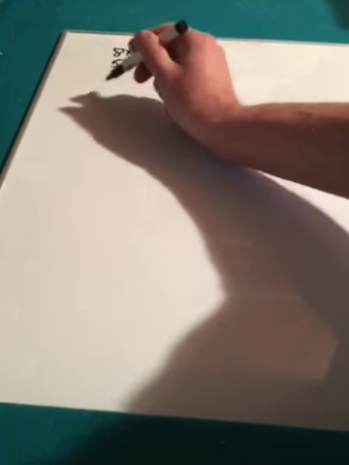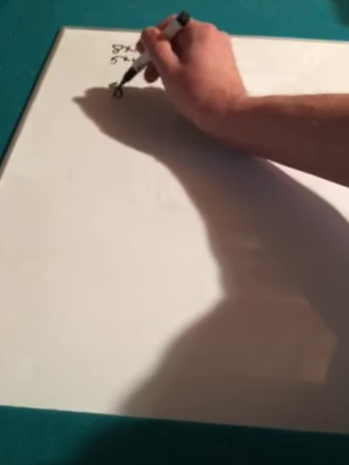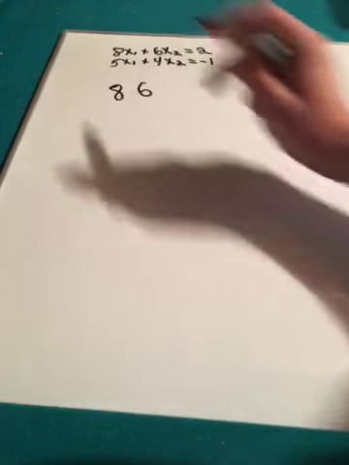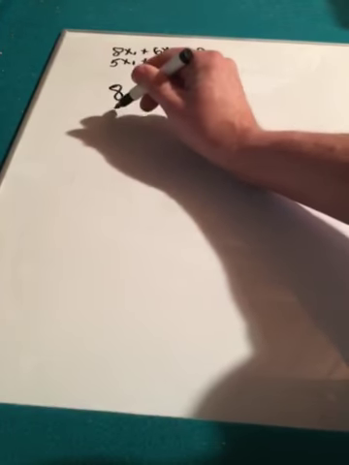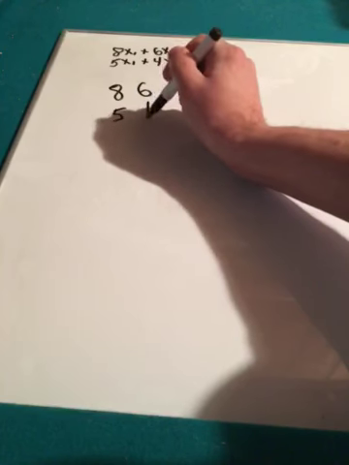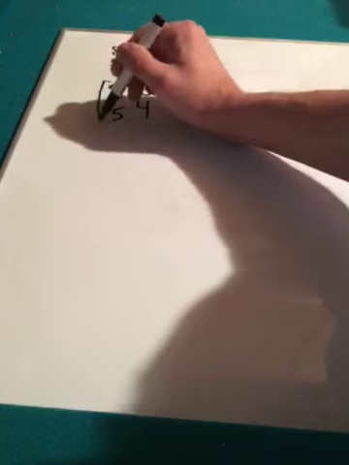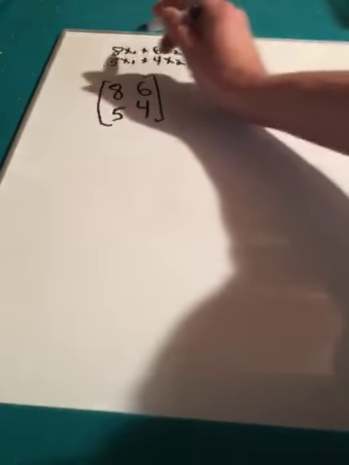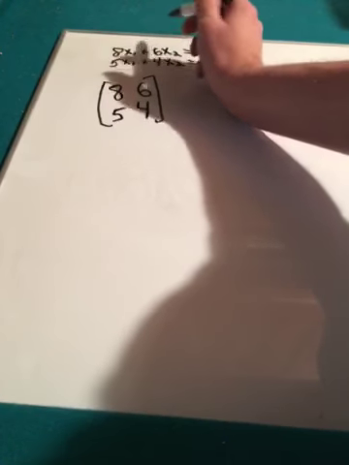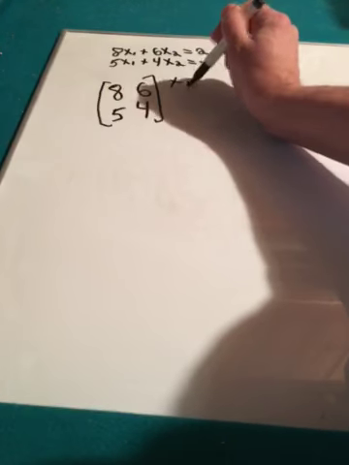So we just take the coefficients, the 8 and the 6, on our first equation, and then the coefficients down here, a 5 and a 4, and we write it as a matrix. Now, we take this matrix and we multiply it by whatever the variables we have. So x1 and x2.